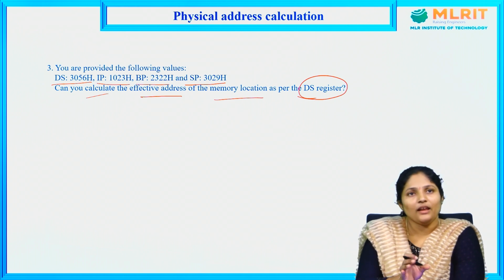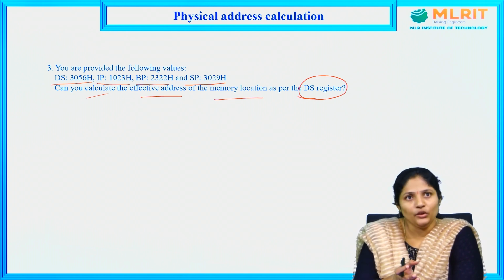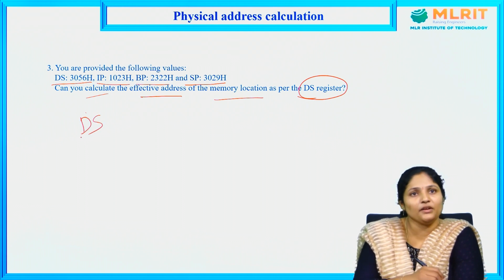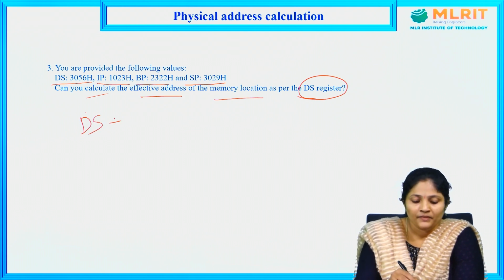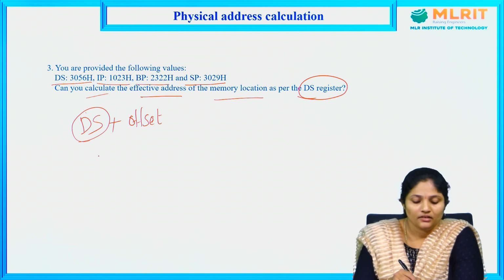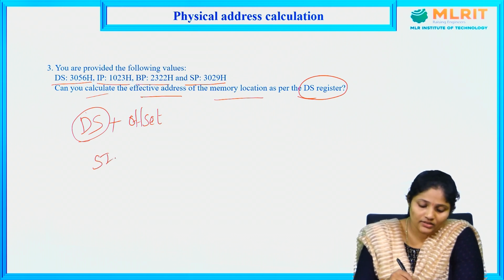To calculate the effective address, it is obvious that you need a segment address, here the data segment, plus an offset address. So the question arises: which register is used to hold the offset address for the data segment? It is either SI, DI or even BX.